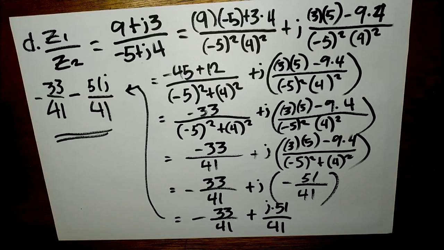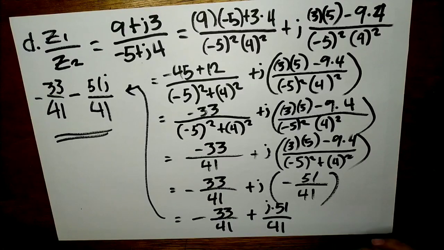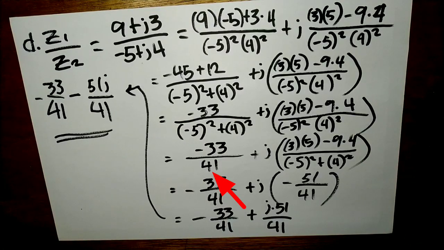The final answer of this given is negative 33 all over 41 minus 51i all over 41. So I think we're done with the number 1, which is encoding A, B, C, and D. Let's move for the number 2.